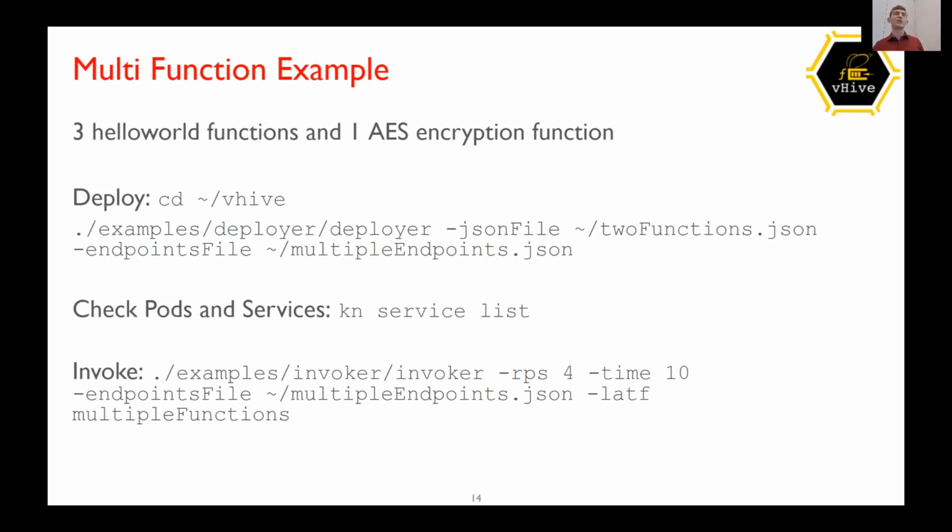So as before, you can deploy it and then check that you have 4 services listed by Knative. It should be hello world 1, 2, and 3, or 0, 1, and 2. And then, of course, the Python AES. The invoker will read the endpoint file and then go through it round robin.